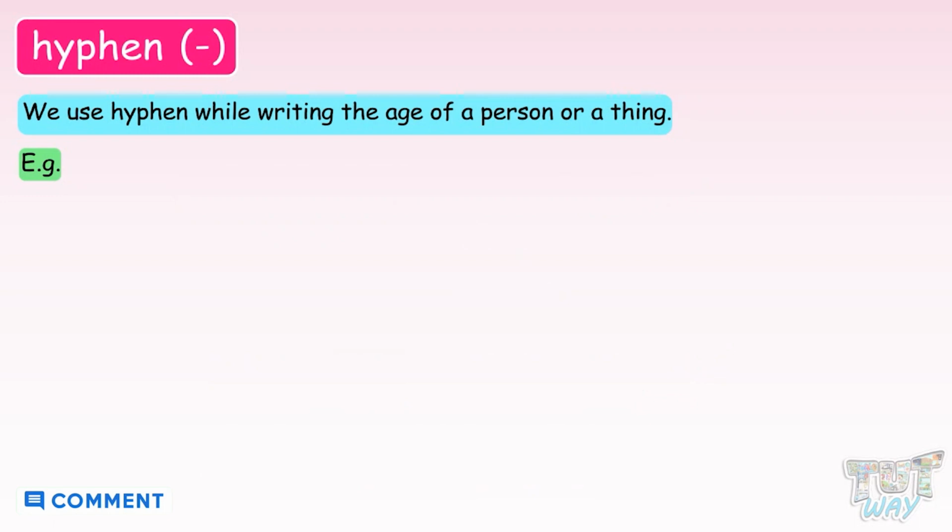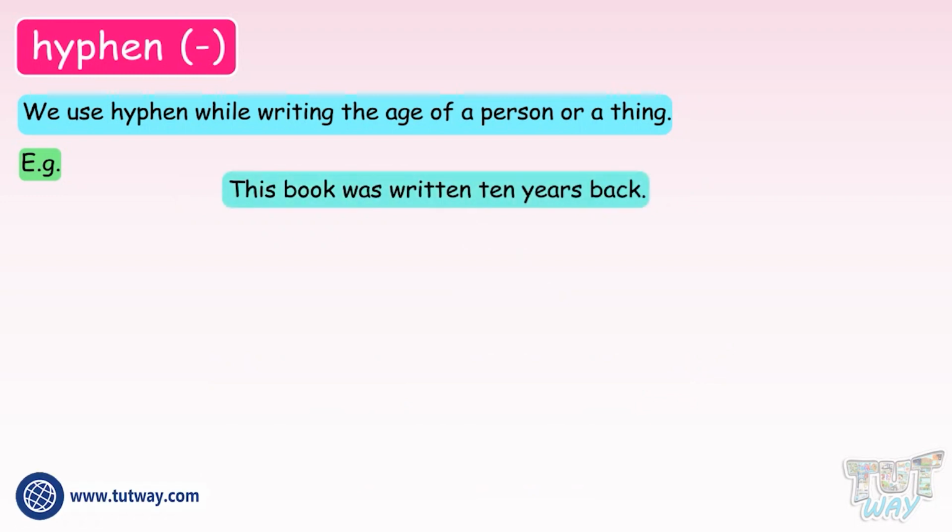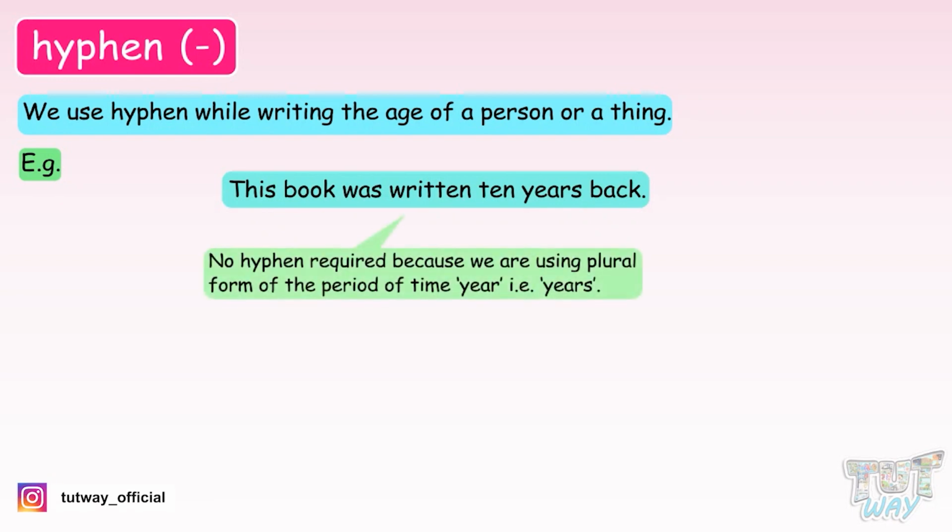Let's have more examples. This book was written 10 years back. Here, no hyphen is required because we are using the plural form of the period of time, year. That is, years. So, you will write, "Book was written 10 years back."